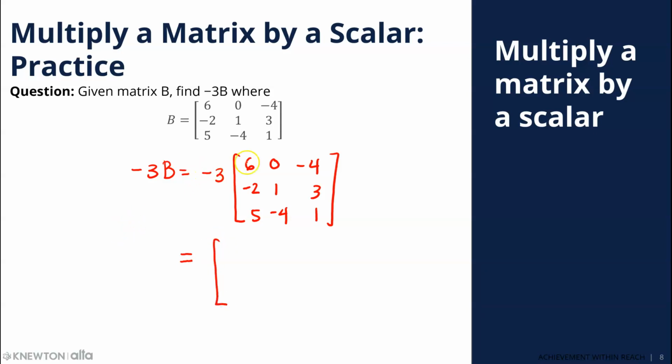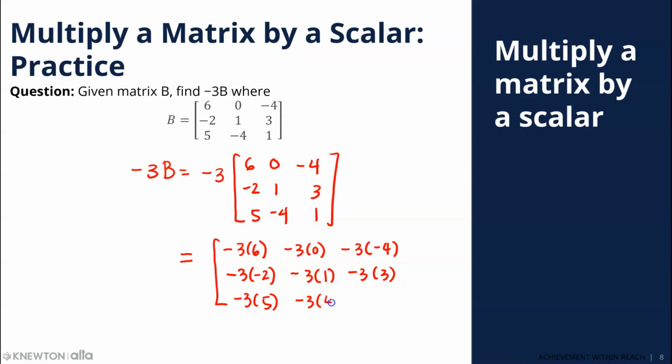So we have negative 3 times 6, negative 3 times 0, negative 3 times negative 4, negative 3 times negative 2, negative 3 times 1, negative 3 times 3, negative 3 times 5, negative 3 times negative 4, negative 3 times 1. And then you simplify it.